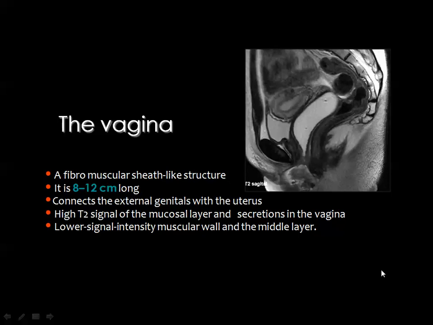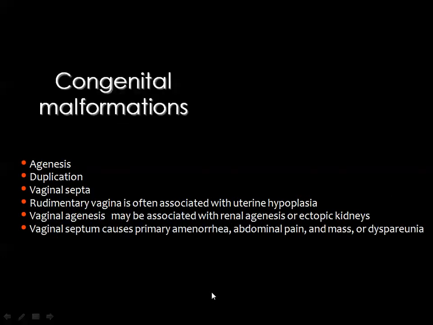And many times, whenever we are evaluating this particular area, including the cervix and vaginal pathology, we usually need to insert a vaginal tampon or to introduce ultrasound gel in the vagina to distend the lumen so that we are able to see any pathologic abnormality.